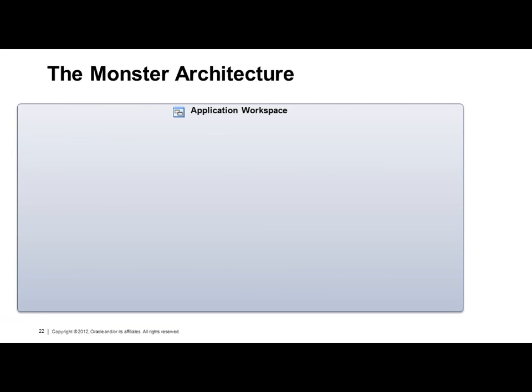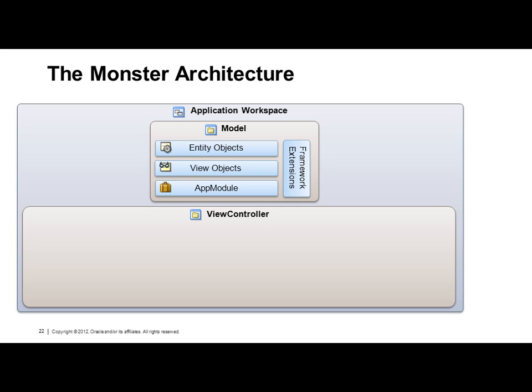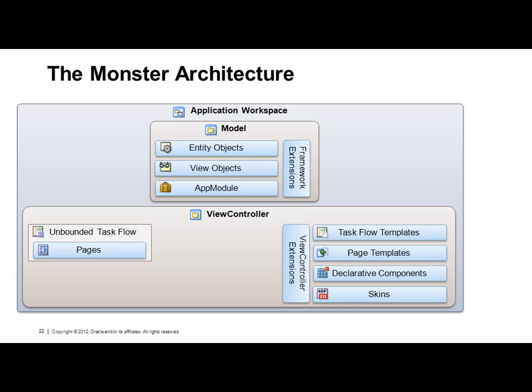Let's again describe that diagrammatically. So we have one workspace, and like the previous architectural pattern, we have a model project with ADF business components in it. And there's not really much of a change in context of this application pattern. But where it does change is when we get to the view controller layer. We have, yes, our unbounded task flow, but now not only our reusable components, but many bounded task flows.